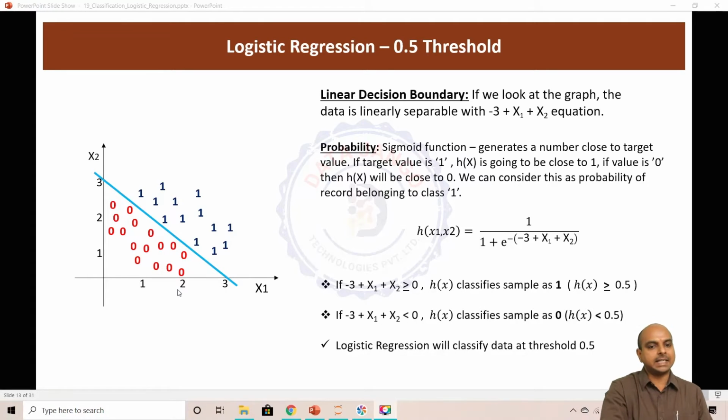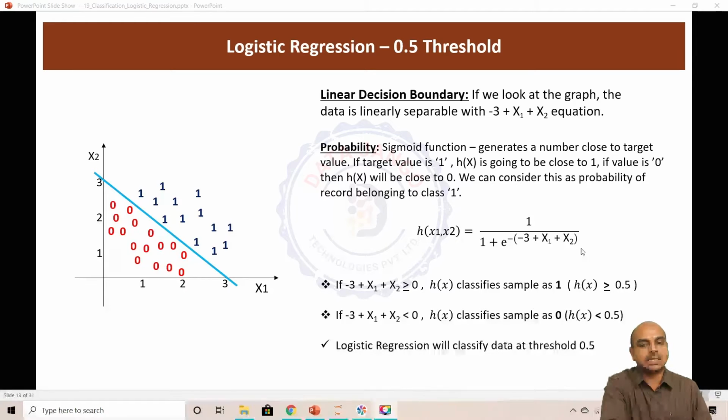Below it, it is less than 0. Above it, it is greater than 0. When you put the same equation into the logistic regression function, it becomes greater than or equal to 0.5 and less than 0.5. So for this particular example, the x-axis and y-axis are touched at 3. So the equation is going to be minus 3 plus x1 plus x2, which is a linear decision boundary distinguishing these two classes.